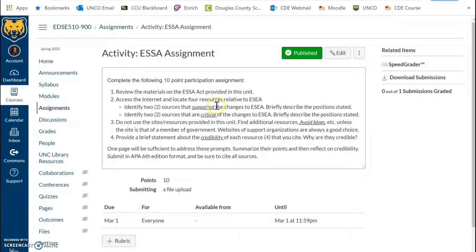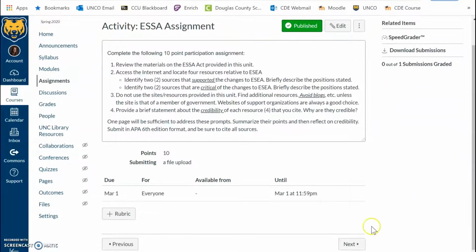So you're taking a look at the changes to the original act and sources that think that they're positive changes, and then you're also looking for sources that present disagreement with that. So you want reliable and credible sources, and then you'll conclude by explaining why your selected sources are credible.